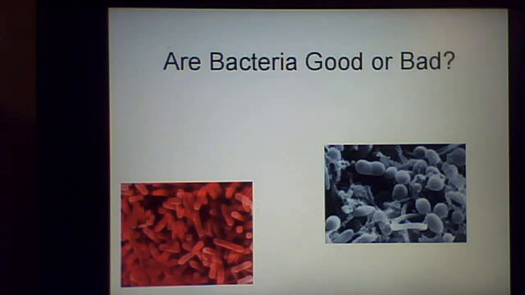Now we come to the question, are bacteria good or bad? Well, a lot of times we hear people refer to bacteria as being bad, and actually bacteria are useful. There are good bacteria, and then there are bad bacteria.